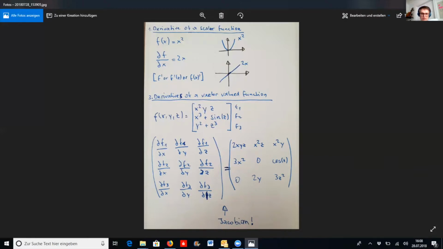For example, this one is function 2, which is this one here, and you build the derivative in the direction of y. In this case, there is no y in this equation, so it's 0, because all the other variables are considered constant, and the derivative of a constant is 0. And yeah, that's a Jacobian matrix. No rocket science here.